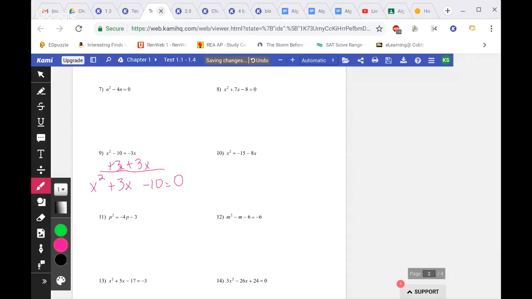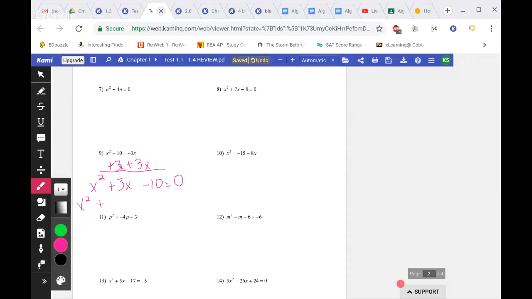So what I'm thinking of is what two factors multiply together to give me, and do you want me to do this by grouping, or are you okay with just factors? What do you mean by grouping? Like when you find the two factors of 10 that add to be 3.